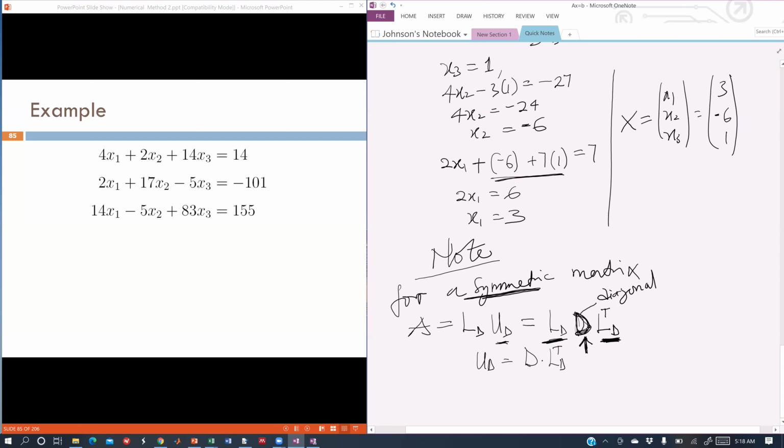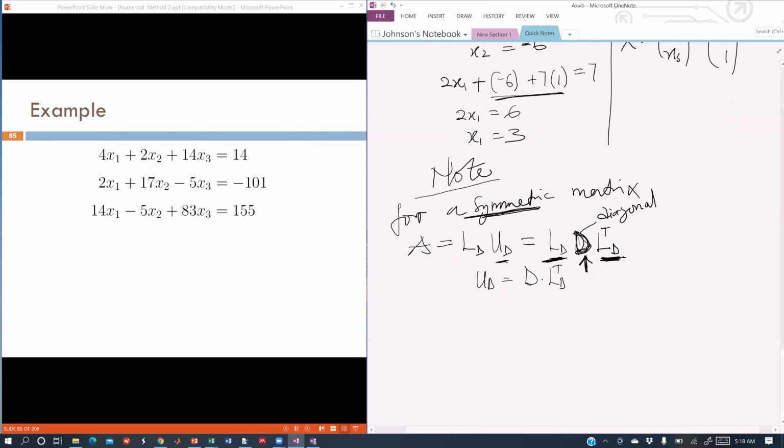So if we're able to split this D into two and bring part to the lower triangular matrix on the left and bring the other part to the upper triangular matrix on the right, they will result in a lower triangular matrix and an upper triangular matrix, which is actually the transpose of the lower triangular matrix. And that is what we're going to do. And that is the move we want to use to get the Cholesky decomposition.